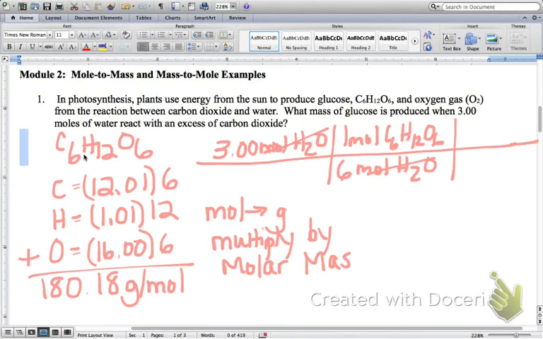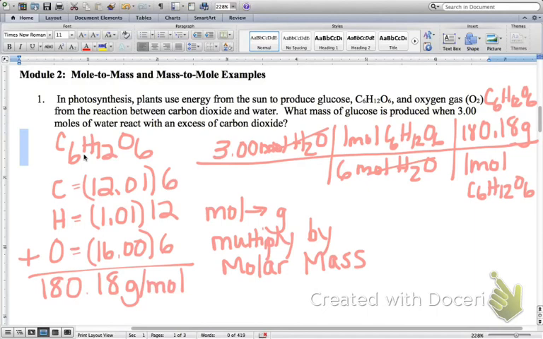If I were going from grams to moles, would I multiply by molar mass? If I were going the opposite direction, what would I do? I would divide, exactly. So if I were going from grams to moles, I would divide by molar mass. But here I'm going from moles to grams, so I need to multiply by molar mass. So that's 180.18 grams of glucose, C6H12O6, over 1 mole of glucose, C6H12O6.